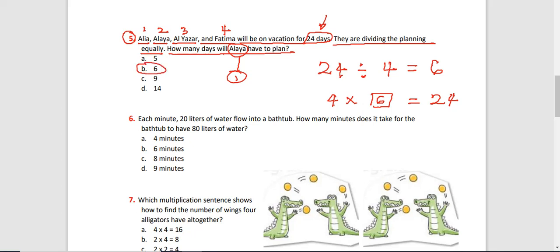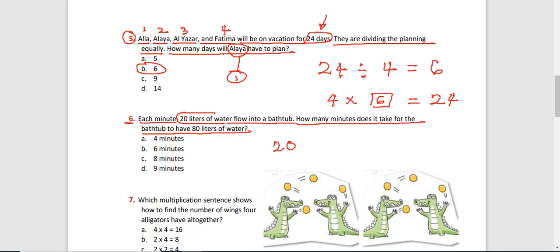Question number 6. Each minute, 20 liters of water flow into a bathtub. How many minutes does it take for the bathtub to have 80 liters of water? So every minute, 20 liters flow into the bathtub.